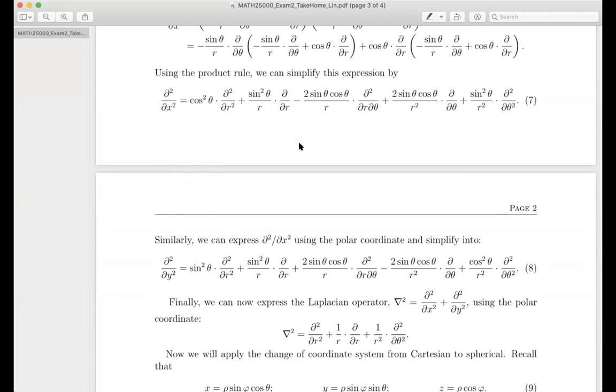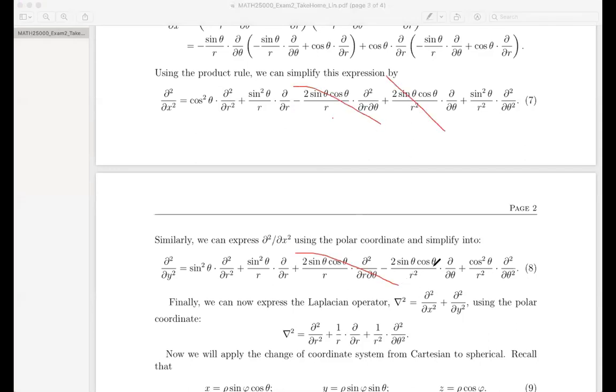And then you notice some of the terms cancel out. You have the minus and you have the plus, so these two cancel out. These two terms cancel, and sine squared plus cosine squared is just 1. So basically this is 1 over r squared here.